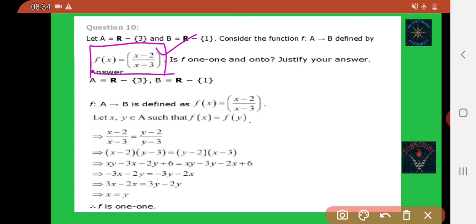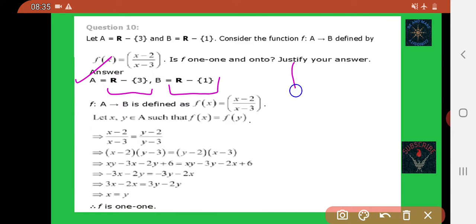So friends, here we see: is f one-one and onto? Justify your answer. Okay, so now we solve. So set A is given this and set B is given this. So the function is a mapping from A to B.